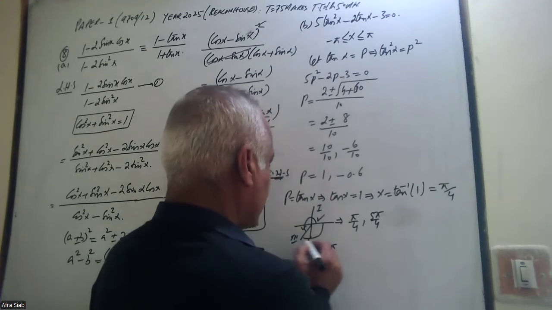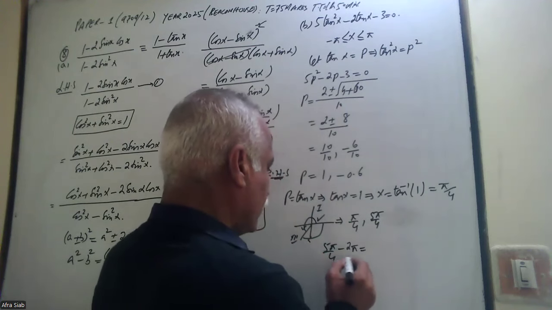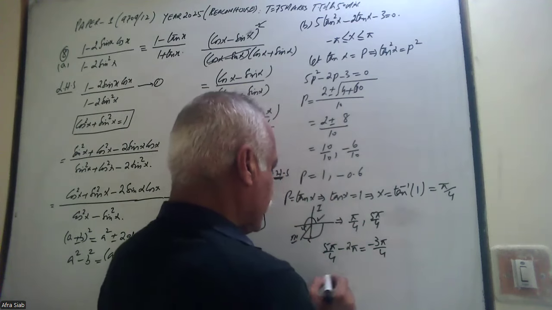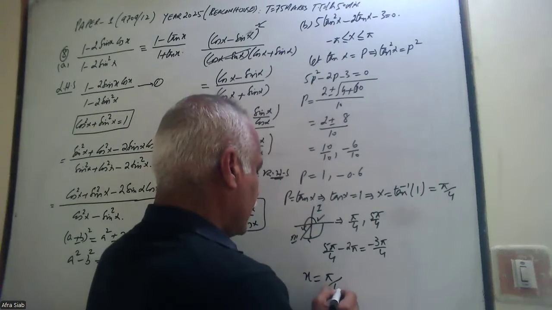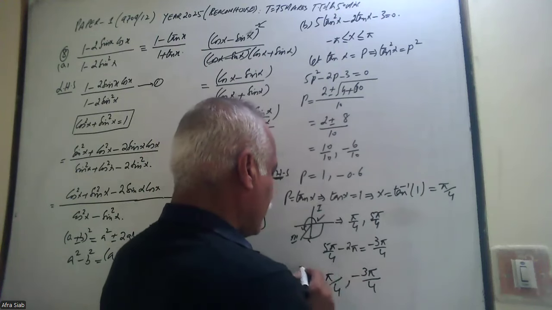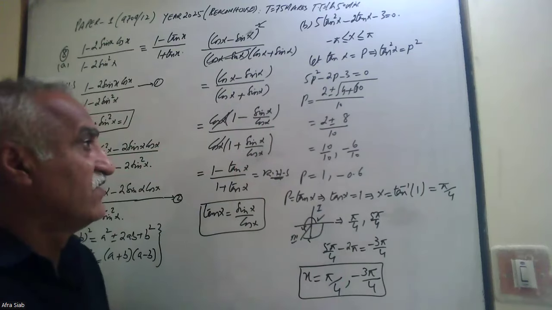If we move it in the clockwise direction, minus 2 pi, that should be equal to minus 3 pi by 4. So our values of x will be equal to pi by 4 and minus 3 pi by 4 when tangent of x is equal to 1.